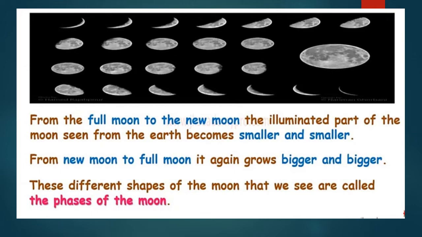Okay, so from the full moon to the new moon, the lighted part or the illuminated part of the moon seen from the earth becomes smaller and smaller, and from the new moon to the full moon it again grows bigger and bigger. So these different shapes of the moon that we see are called the phases of the moon. Okay, students, understood the meaning of the phases of the moon?